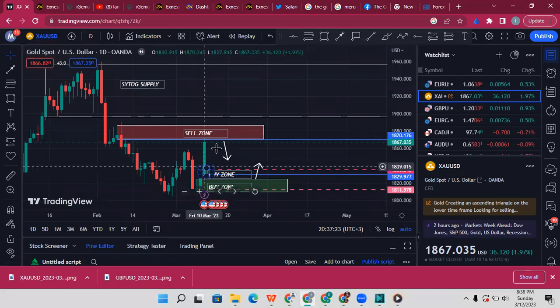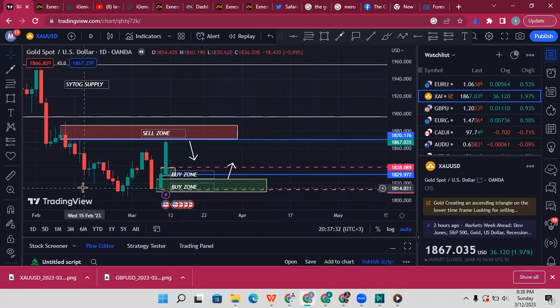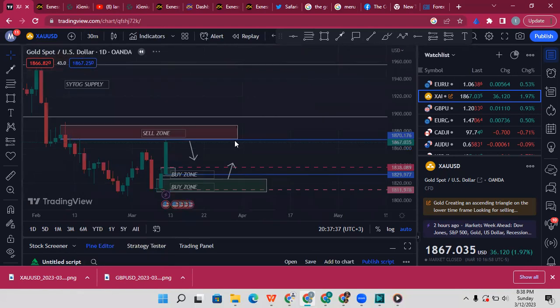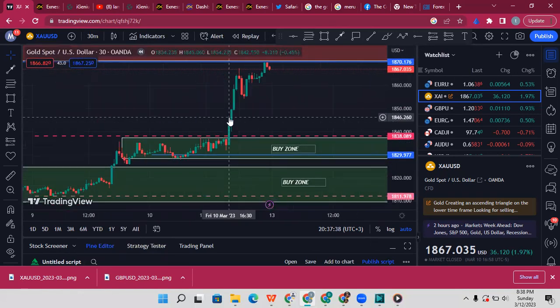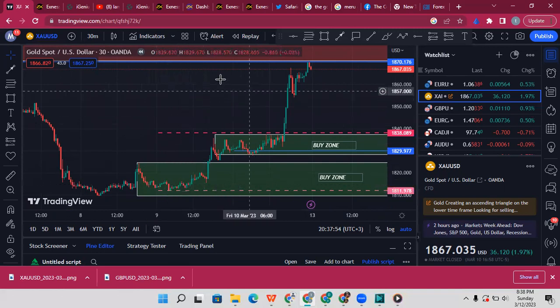On Thursday, price closed here. So let's get back to the 30 minutes time frame. This is where price closed on Thursday. This was the lowest level, not where price closed.